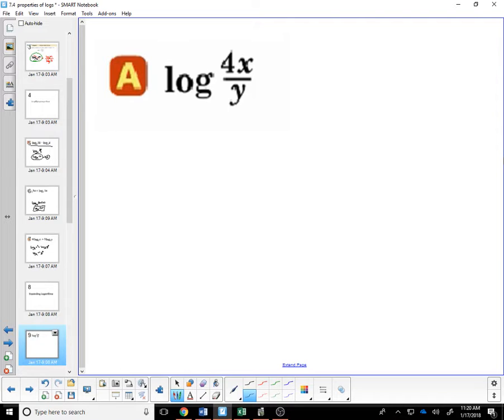Because remember, we also have other properties that we have to worry about, especially with addition and subtraction. Properties like commutative. Is subtraction commutative? Is 7 minus 4 the same thing as 4 minus 7? No. So I have to be careful with that. So I always start with the top one. So we're going to go log 4x minus log of y.